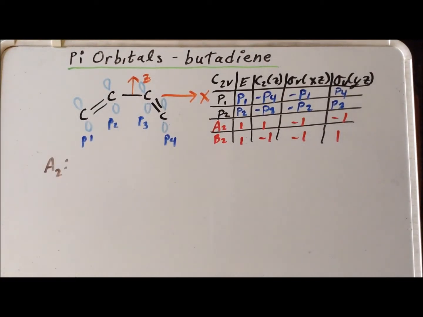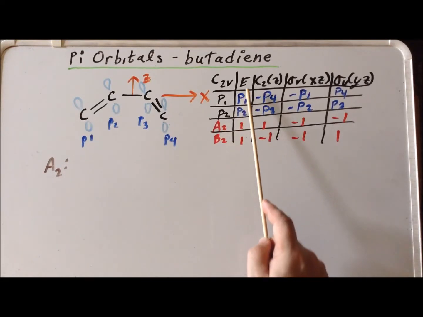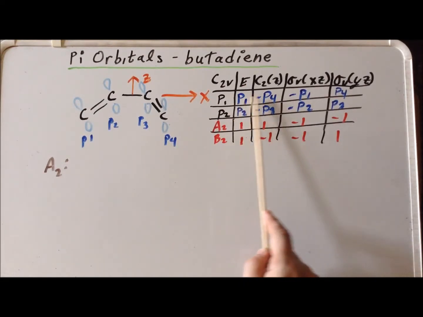Now we will generate algebraic expressions for the various molecular orbitals. To do that, we apply the projection operator technique, and we multiply each entry in the A2 row times the appropriate value in either the P1 or the P2 row, and add all those entries together.